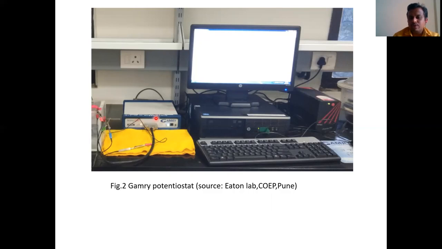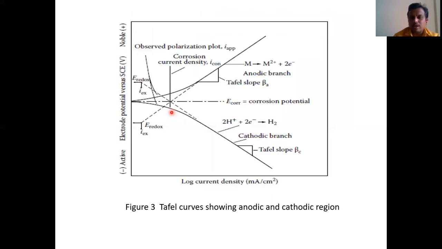With the help of this potentiostat, we have the software. In that software, you have to input the data for generating the Tafel plot. Tafel has a potentiostatic method and a galvanostatic method. You have to input the initial potential and final potential.